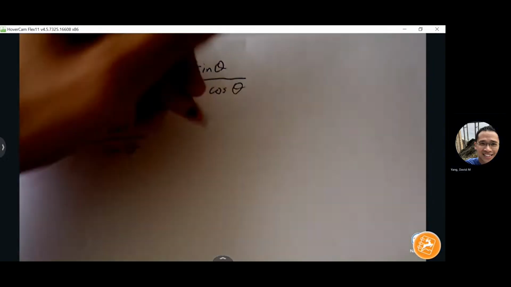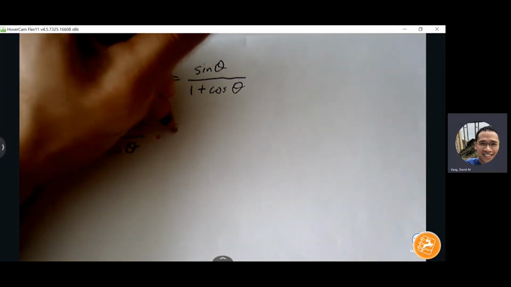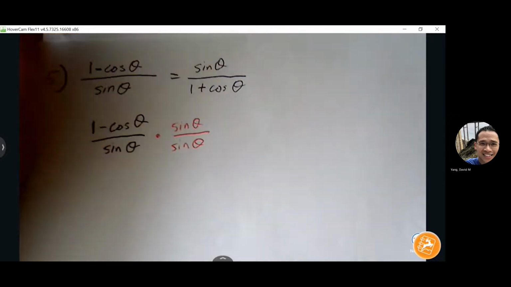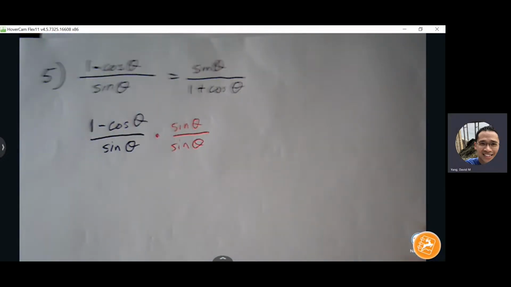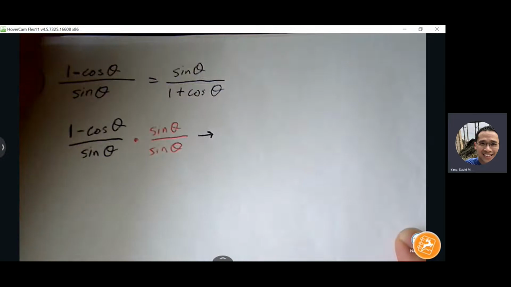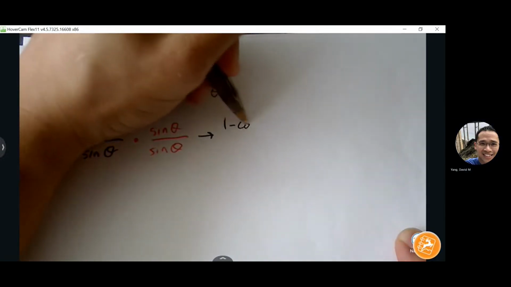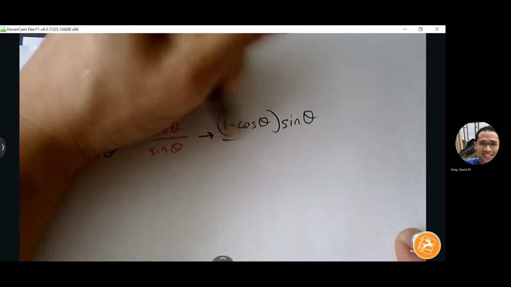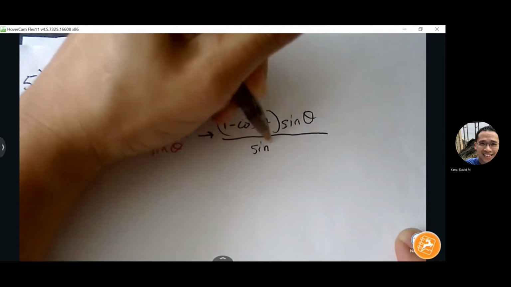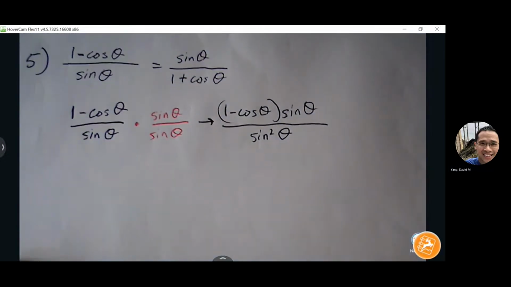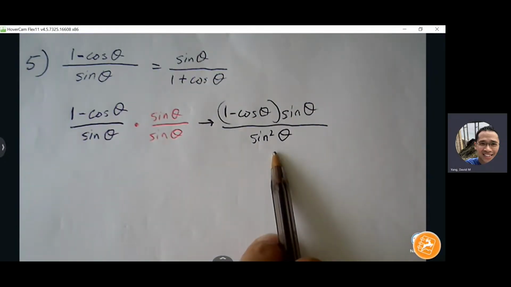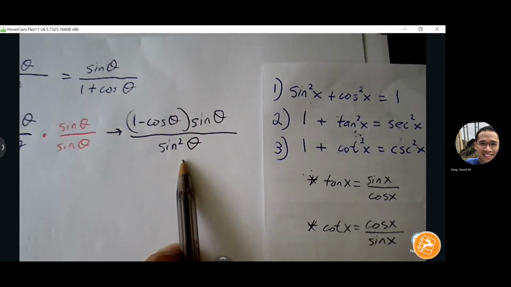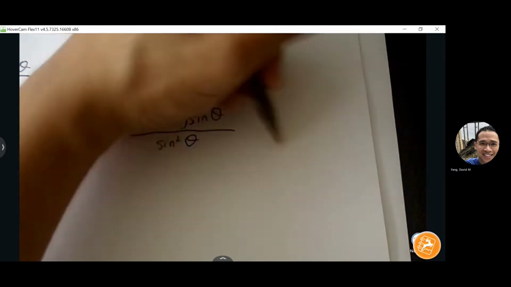Right. So anytime I want to try to get a trig identity going, then I can always pick out something that looks easy to turn into. Sine squared theta can be turned into 1 minus cosine squared.